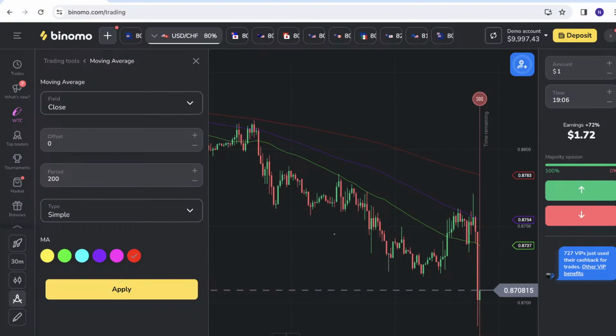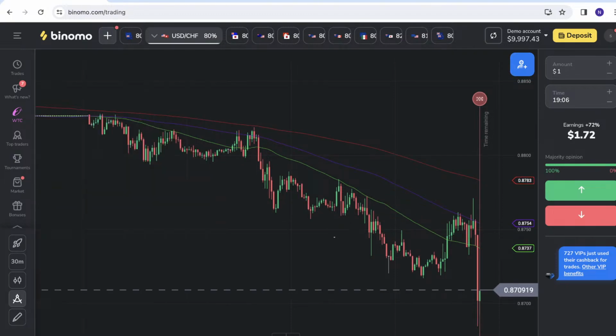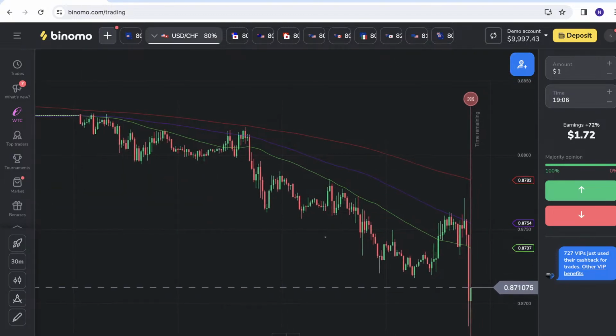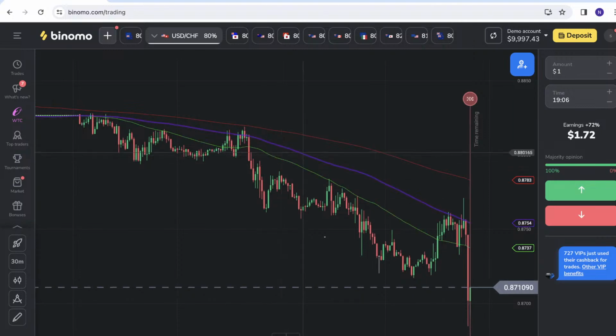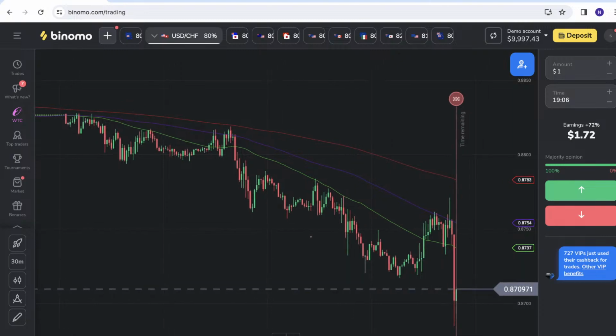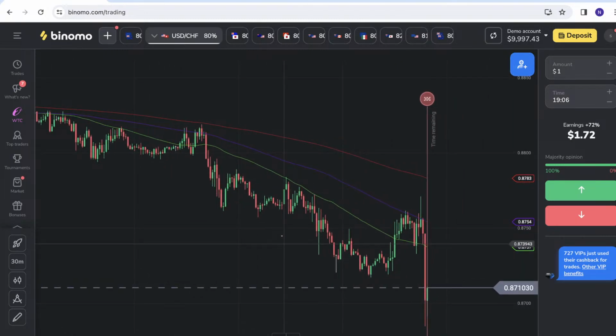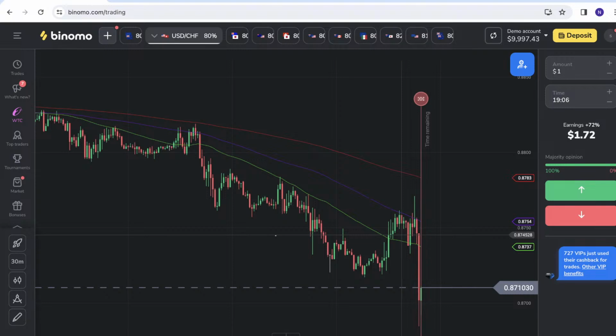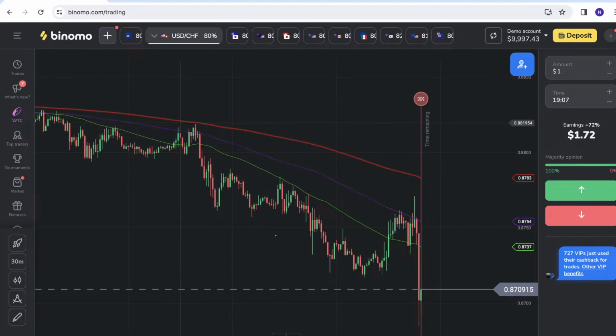So dear traders, if we look at the graph, we will see three different moving averages in different periods. What does period mean? If we speak about a 50 period, it means that we take the last 50 Japanese candlesticks to calculate. If we change our period to 100, it means that we take the last 100 Japanese candlesticks.